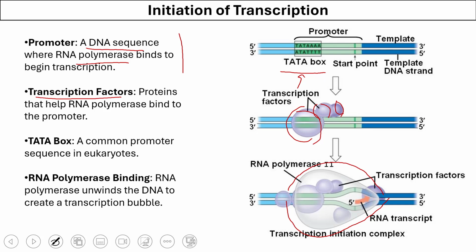The RNA polymerase also performs the function of unwinding the DNA strands so that an RNA can be built on top of this. Now this whole complex, where you have your polymerase, your promoter site, your transcription factors, and a little bit of opening of the DNA strand, is called the transcription bubble.